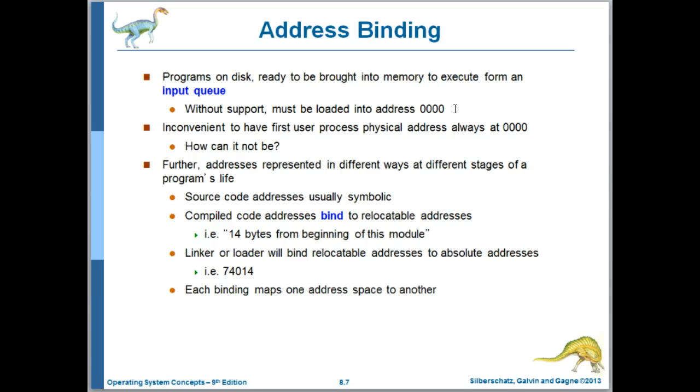Of course, if we're going to run multiple programs, that's not such a great assumption, so the loader will take care of that by rewriting, for example, all addresses that are 0 based to the memory segment that the program is actually loaded into.